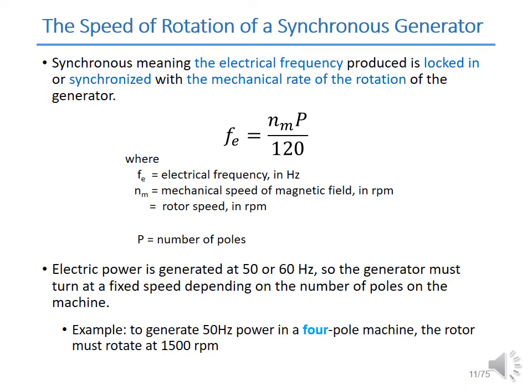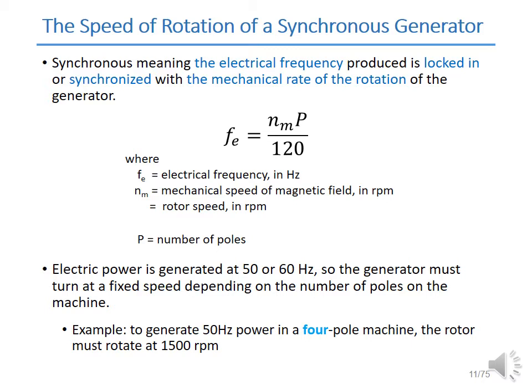Synchronous means that the electrical frequency produced is locked in or synchronized with the mechanical speed of the rotation of the generator, and it's governed by this equation: Fe, which is the electrical frequency of the voltage generated, is equal to the speed times the number of poles divided by 120.